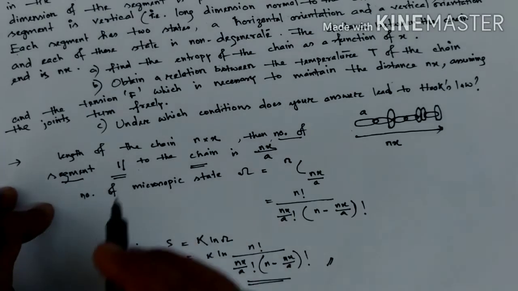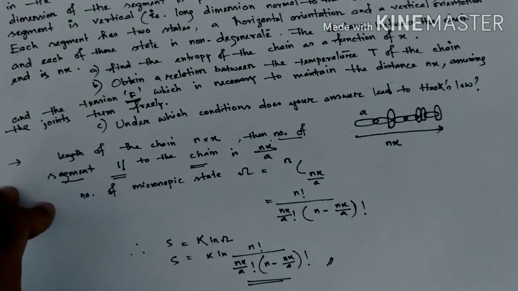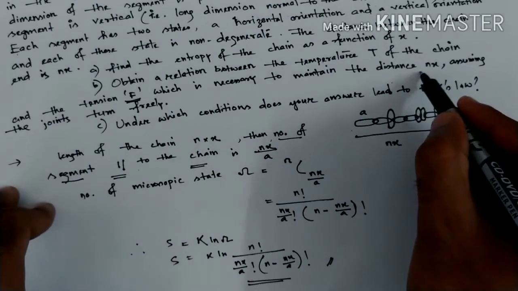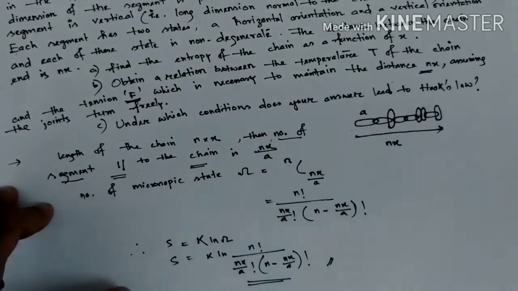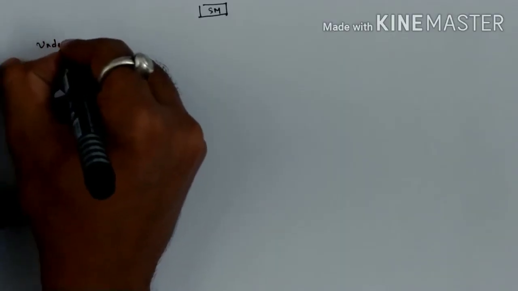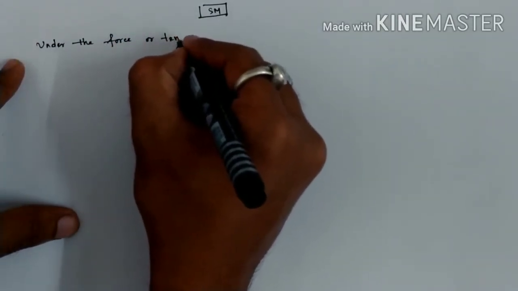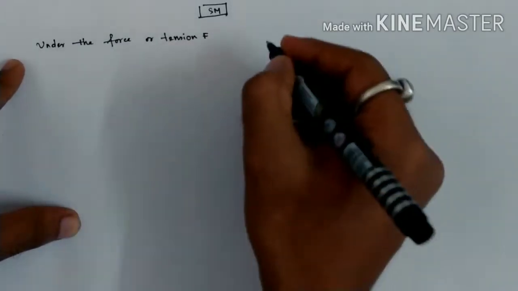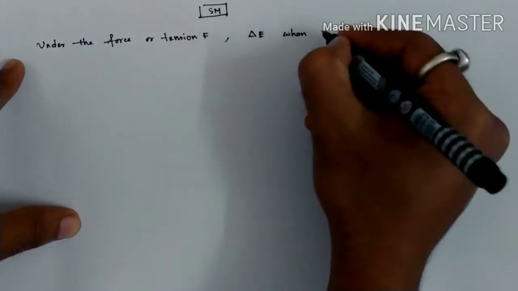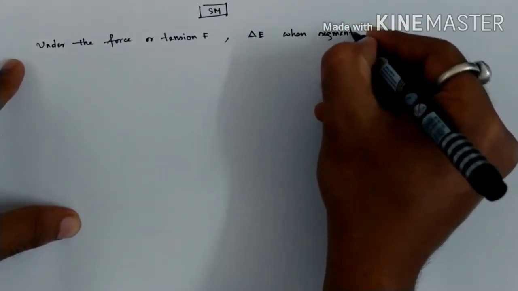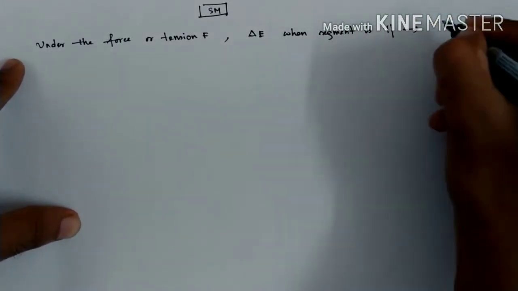Second, they ask for a relation between the temperature T and the tension F. In order to maintain the distance nx, we can find the mean length. Under the force, that is the tension F, the energy difference delta E when a segment is parallel will be F into a.